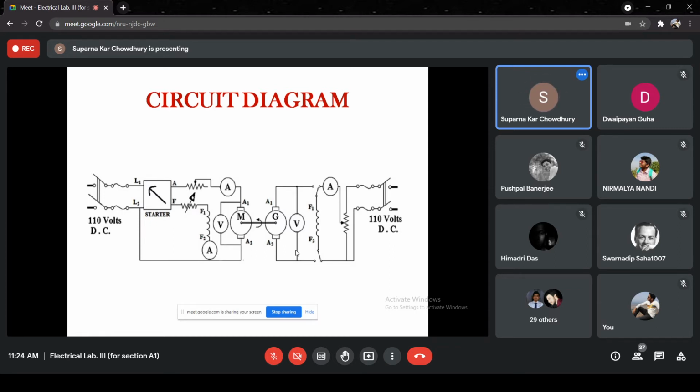For each and every speed we calculate VI, that is the input, minus I square R of the motor, and get the losses. That loss will include the motor constant loss and the generator windage and bearing friction loss. We calculated the motor constant loss in the previous run, so if we subtract it from this loss, we will get the generator windage and bearing friction loss.